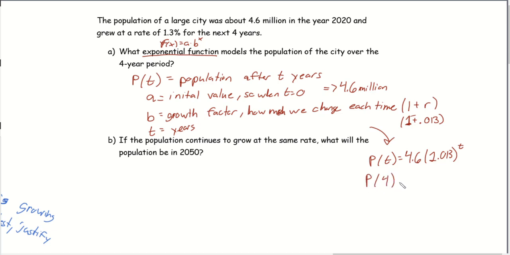That 0.013 is 1.3% written as a decimal, because I don't want 100% or 113%. I want to write it as a decimal. So if I plug in 4 here, what do you get if you put it in your calculator?